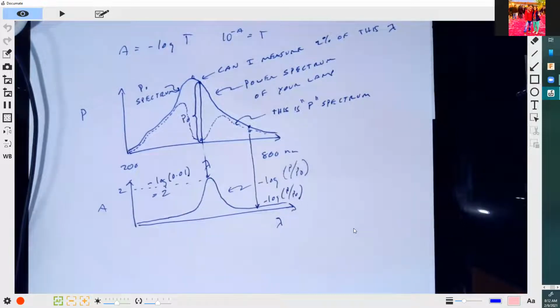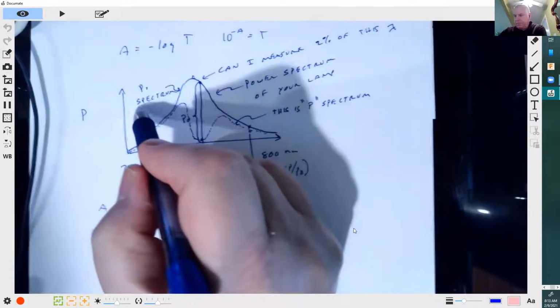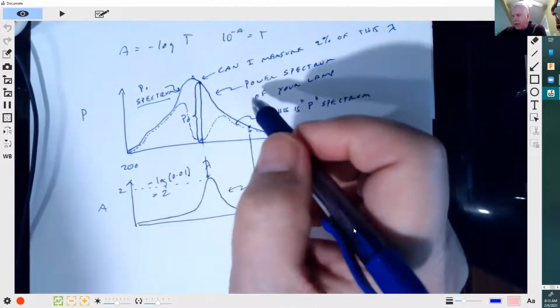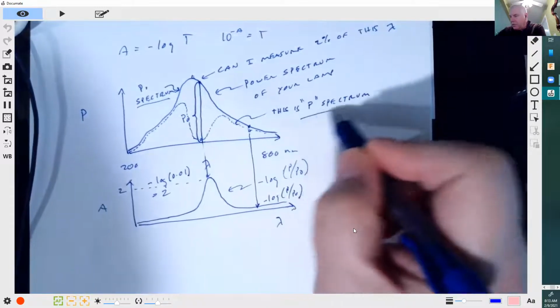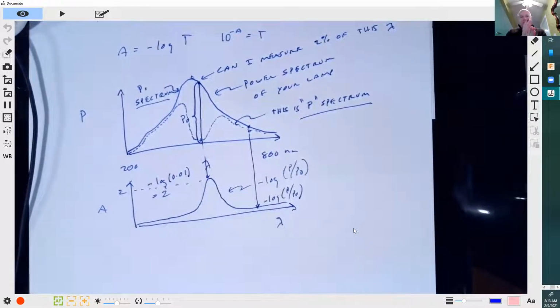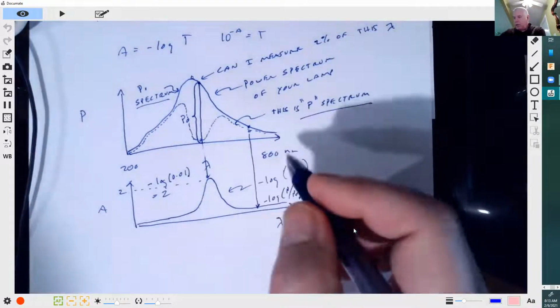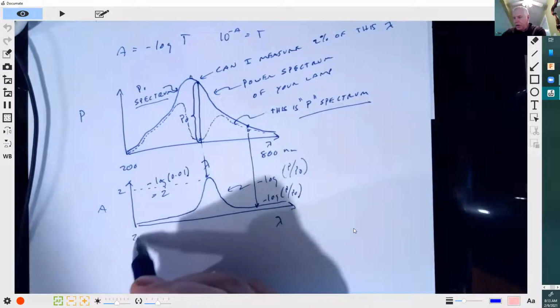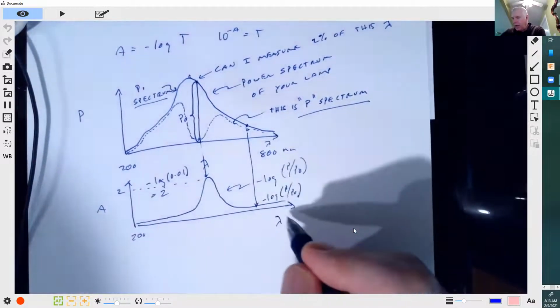Dr. Taro, are we taking a P and then an absorbance spectrum at the same time? Yeah, we're taking a blank, a P0 spectrum, right? And we're taking a P spectrum. We're taking both these measurements, but at a series of wavelengths, at 200 and all the way up to, say, 800 nanometers.